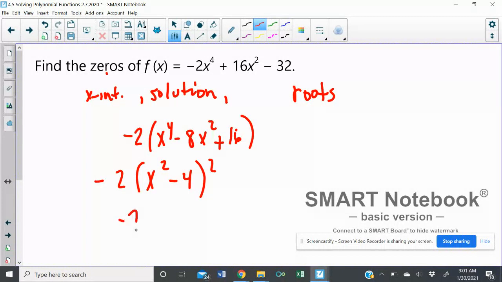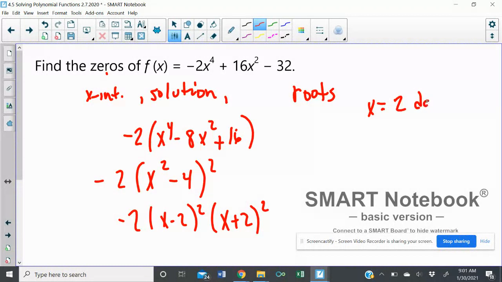So that's x minus 2 twice and x plus 2 twice. So my solutions are x equals 2 double root and -2 double root.